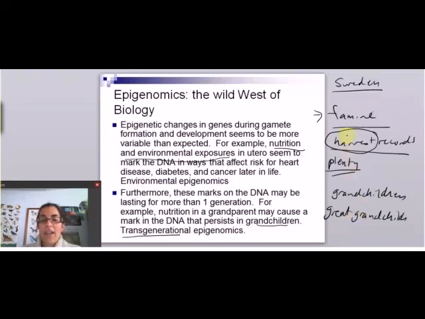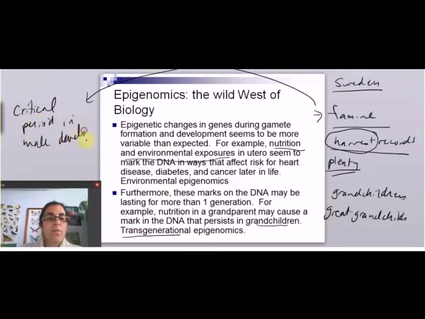So grandparents' food status, and particularly at a critical period in male development. So the famine or plenty is around 11 years old. So if the male around 11 years old experienced famine, then his grandchildren will be less likely to be obese. If around 11 years old he experienced plenty, then his children were more likely to be obese and have diabetes.